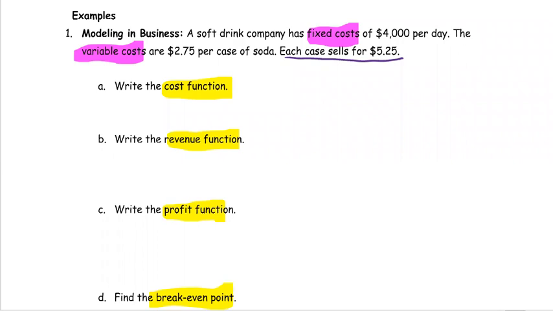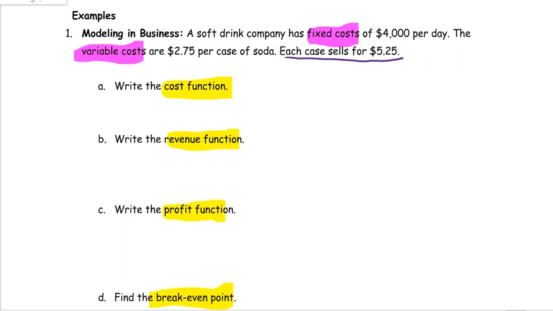For the first part, they ask for the cost function. If you haven't done math in a long time, just think about common sense together with the content in math to find the cost function. I highlighted the key terms here, the fixed cost and variable cost.